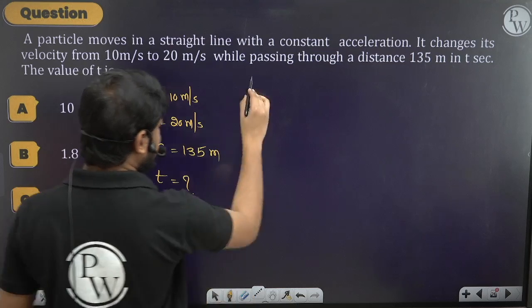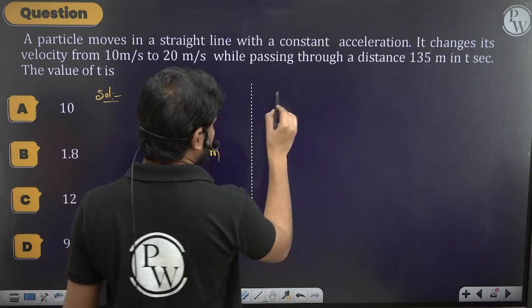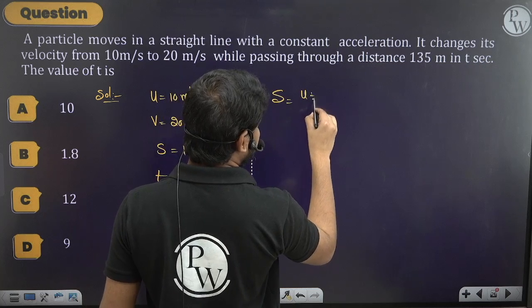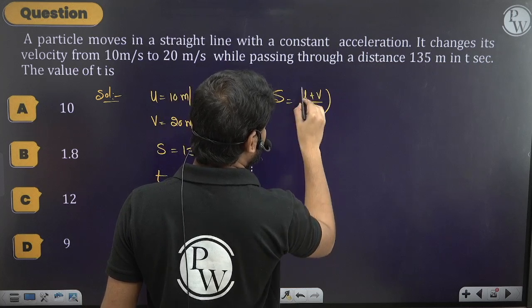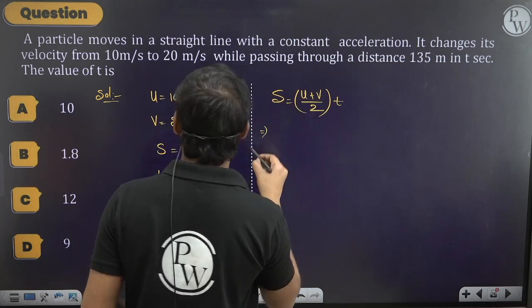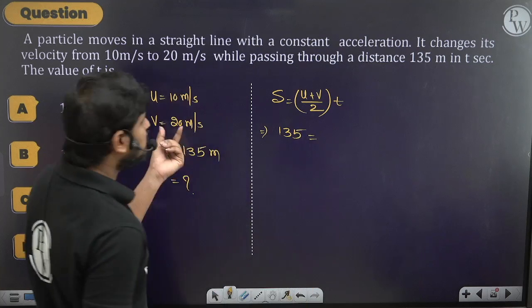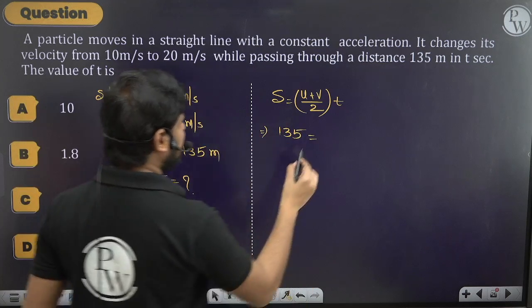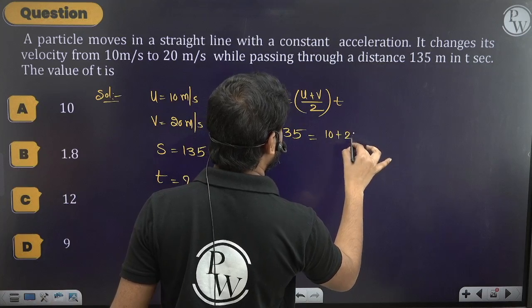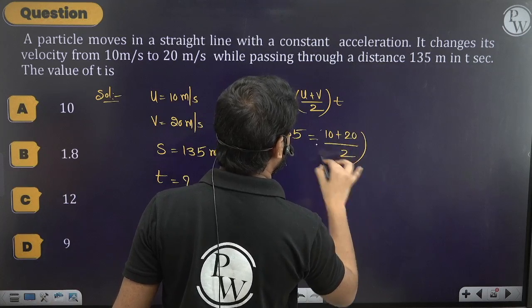Again the same equation you can use simply. S is equal to U plus V by 2 into time t. So from here, the distance they gave, 135 is equal to U plus V, which is 10 plus 20, by 2 into t.